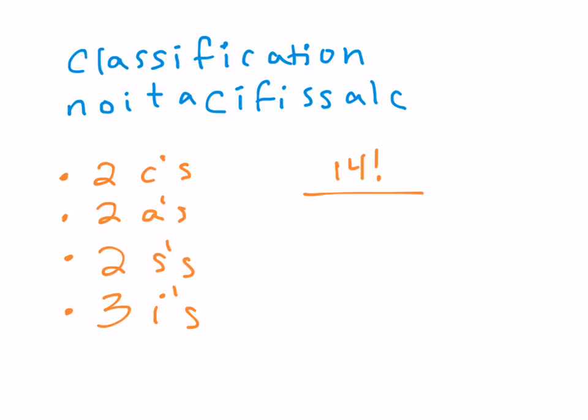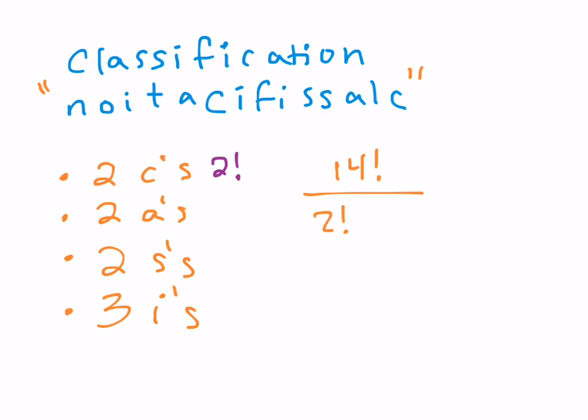In that whole list, every time I have a password, like let's say the second one, it has a double that looks exactly the same just by switching these two C's. So I need to divide by the ways to arrange two C's, which is 2 factorial, 2 times 1. Okay, so I need to divide by that.